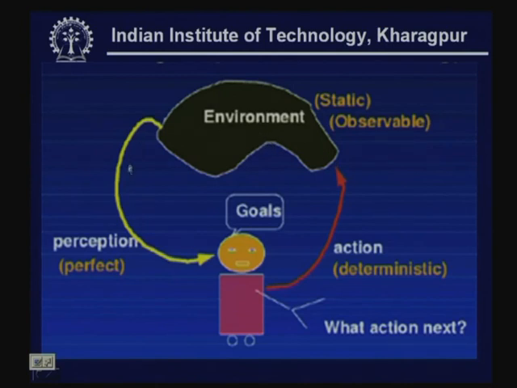The agent receives percepts through its sensors from the environment. The objective of the agent is to plan the next action or the next sequence of actions so that it can achieve its goals. So, this is the basic idea of a planning system.